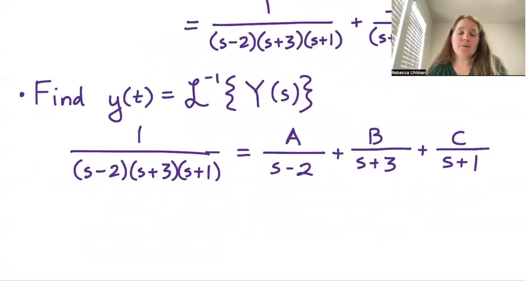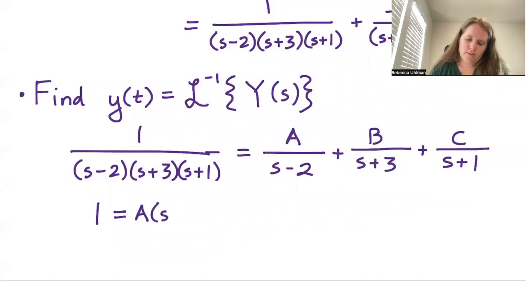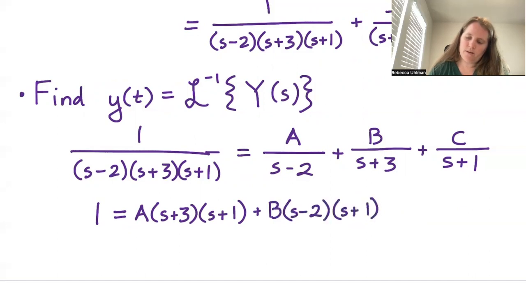There are tricks you can apply that don't require multiplying through, but I find it too easy to get tripped up and lose track of what I'm doing. So I'm going to continue multiplying through by the denominator. So we would have 1 is equal to a times (s plus 3)(s plus 1) plus b times (s minus 2)(s plus 1) plus c times (s minus 2)(s plus 3).